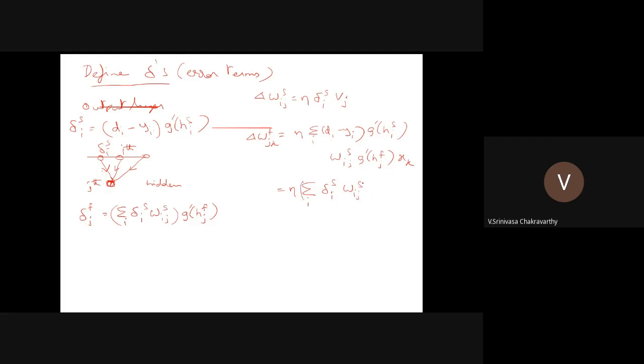This goes into brackets because the index is j, we don't need to put it inside this summation. So times g prime j of f times xk. Now this expression is nothing but delta j of f. So it is equal to delta j f times xk.